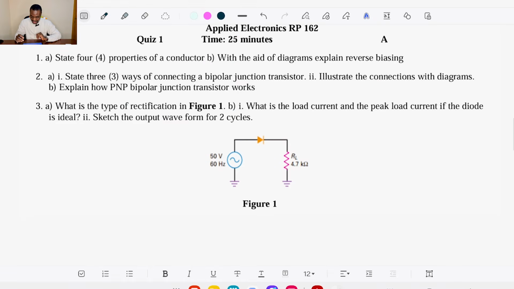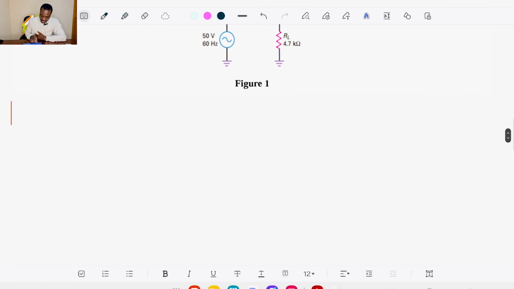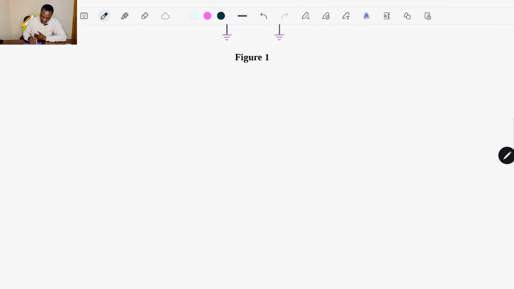Now, 2II, illustrate the connections with diagrams. So when it comes to the diagrams, I'll start by indicating a resistor, for example. If this is our resistor, we have our resistor here.